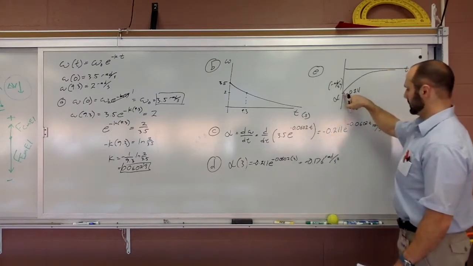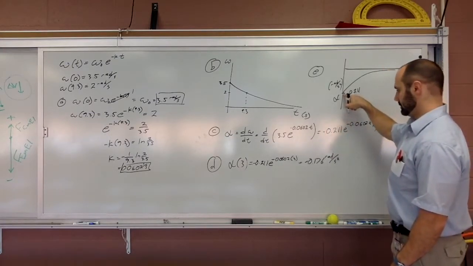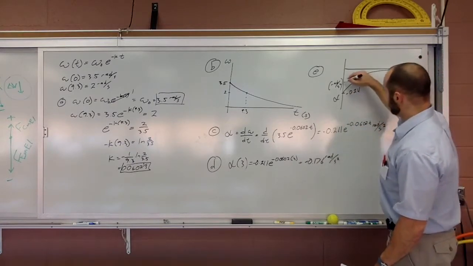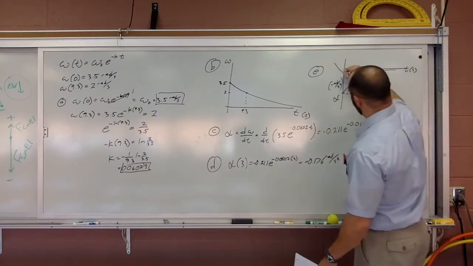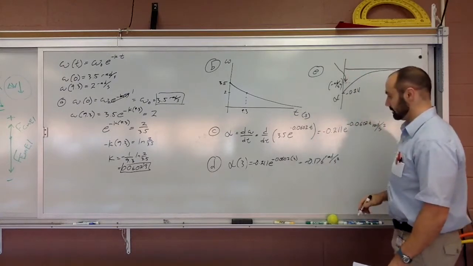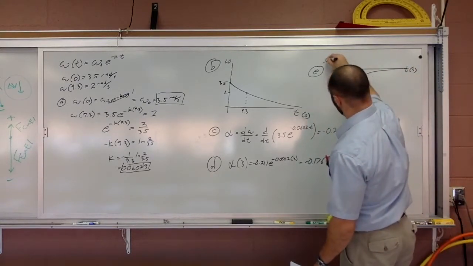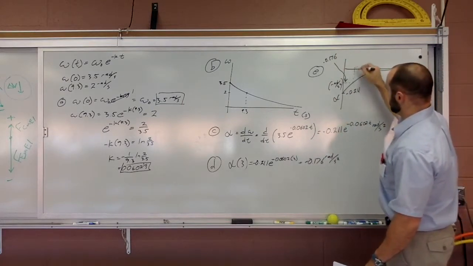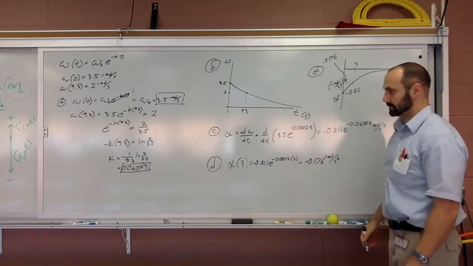That's the acceleration there. And then after 3 seconds, maybe it would be about here. And the angular acceleration there is negative 0.176 radians per second squared, and that's at about 3 seconds.